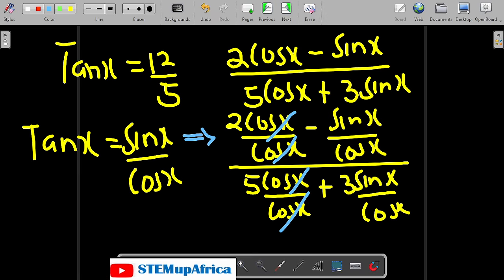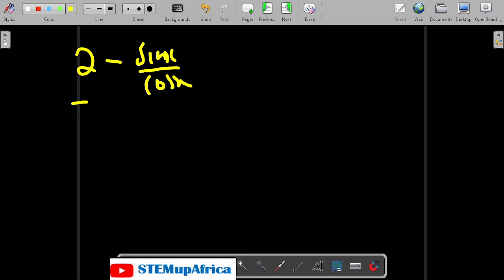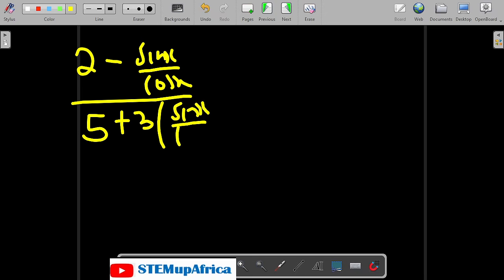I'm having 2 minus sin x over cos x, divided by 5 plus 3 into sin x over cos x. And we know that sin x over cos x is tan x.